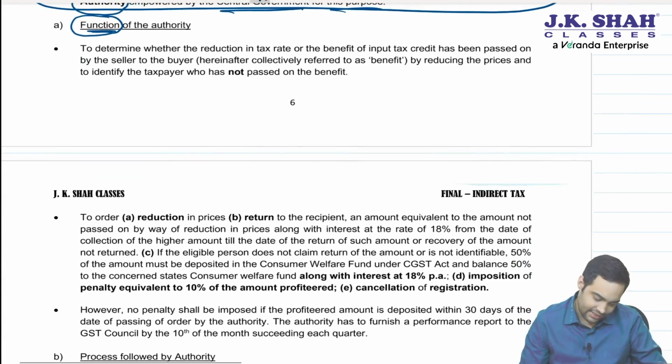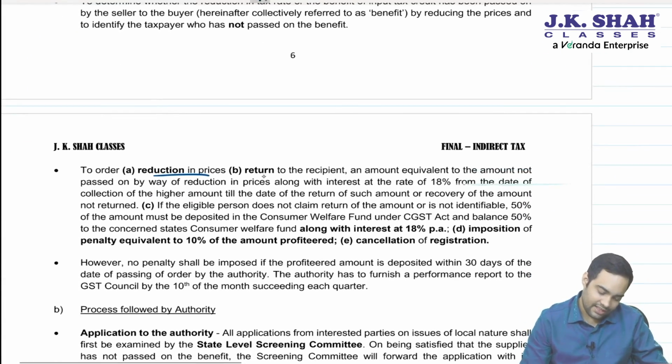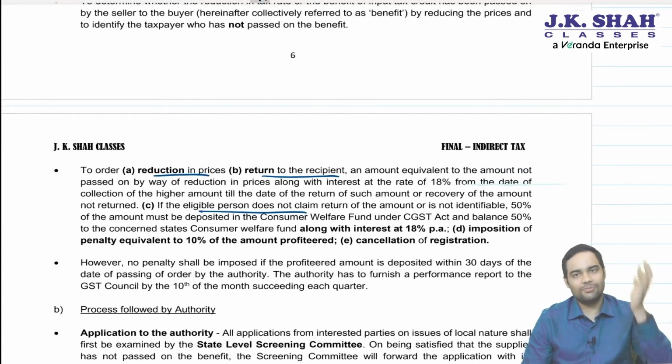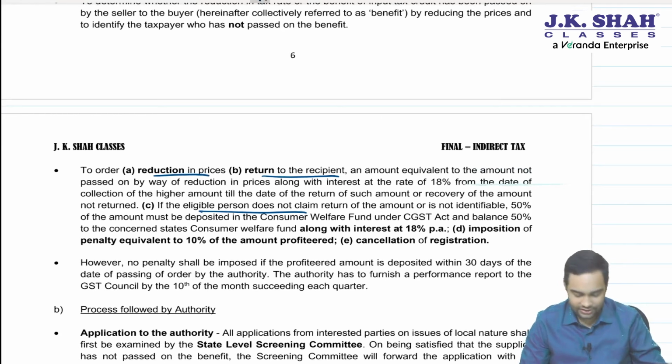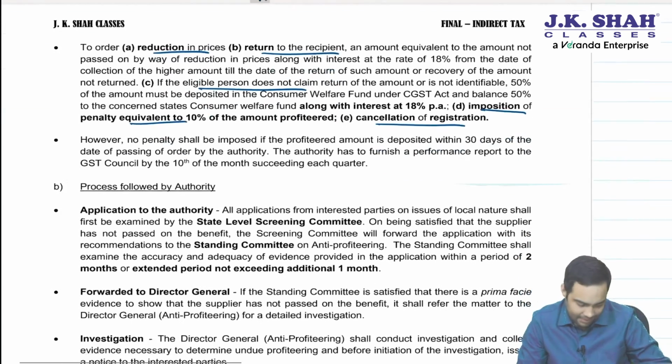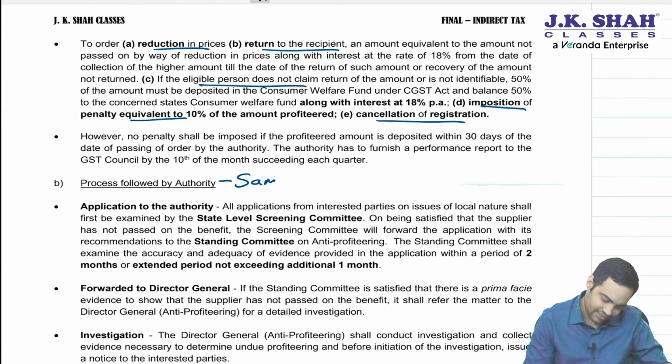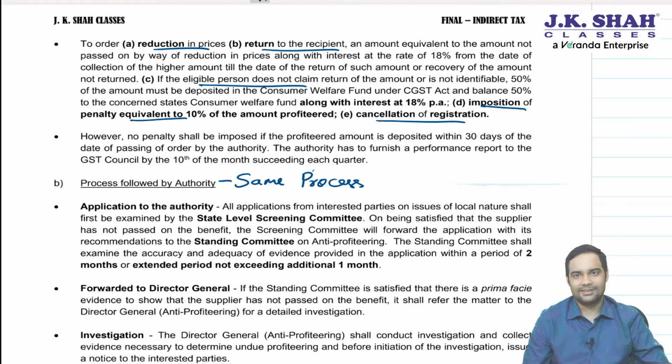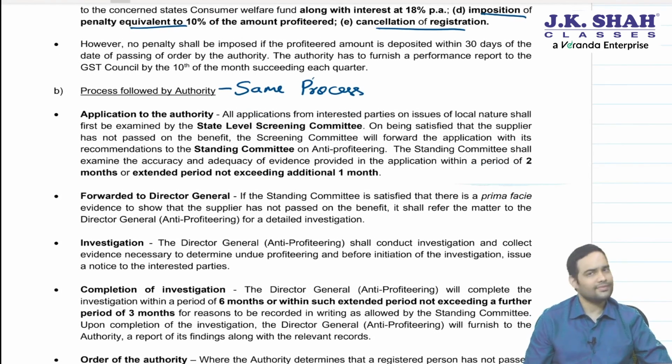They can tell the person to reduce the prices, return it to the recipient. If the recipient is not available, deposit to the Consumer Welfare Fund, impose a penalty, cancel the registration. Same powers, same process. I have just given it here so that you can view it. Otherwise, everything else remains as it is. So, NAPA, you can directly read from here. Clear?